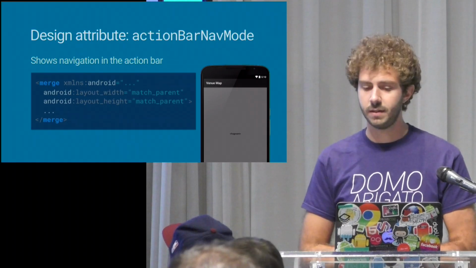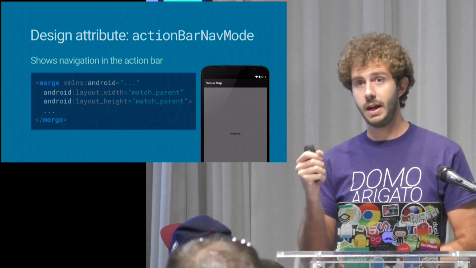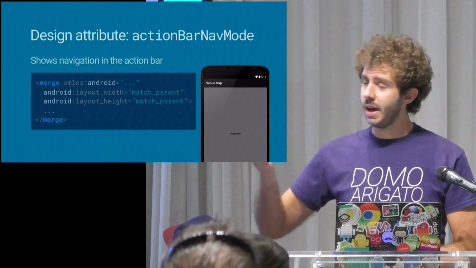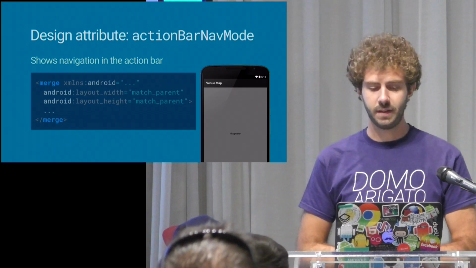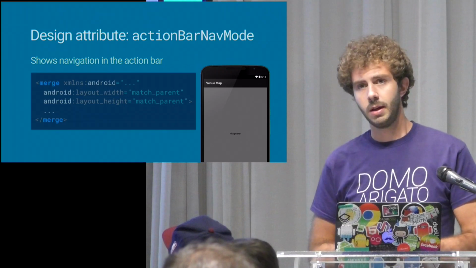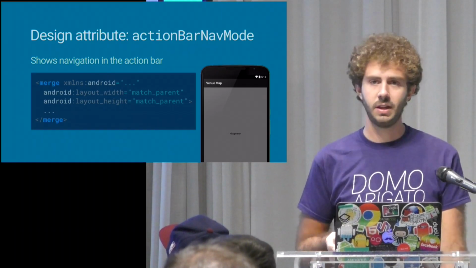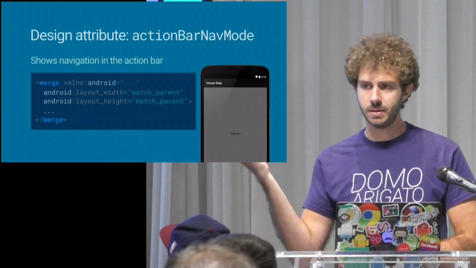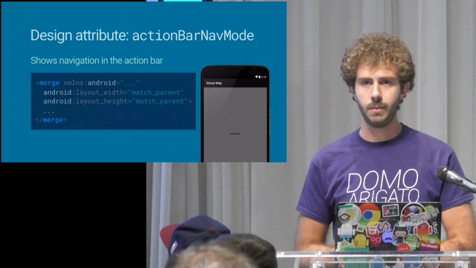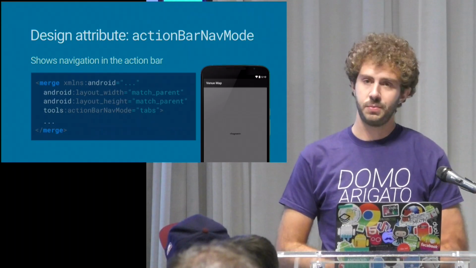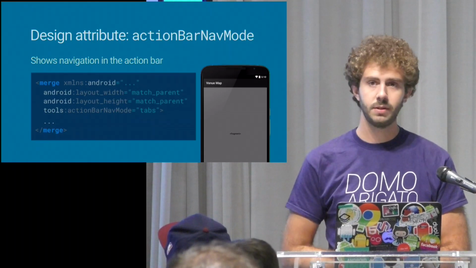Another one is actionBarNavMode. Action bar is the key. So we have our activity, and we say, well, I'm actually going to have tabs in there. So I want to see how it would look having tabs underneath my action bar. Well, you can add the attribute actionBarNavMode and say tabs.